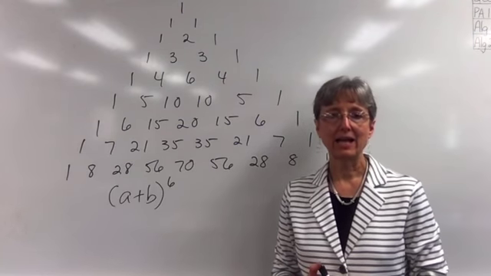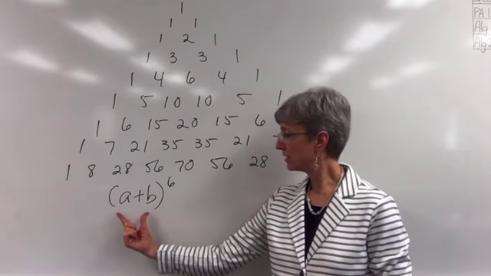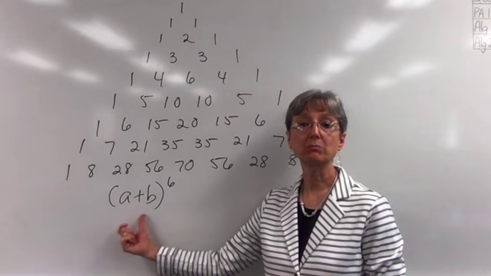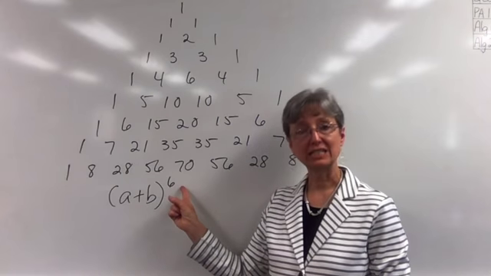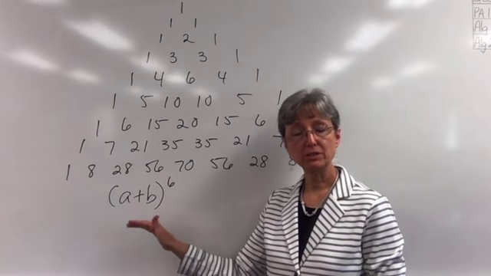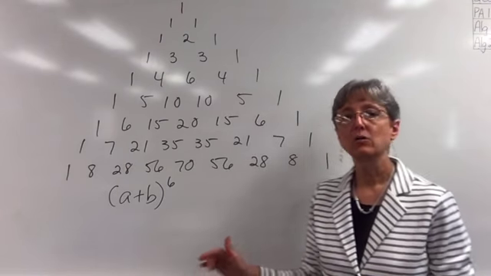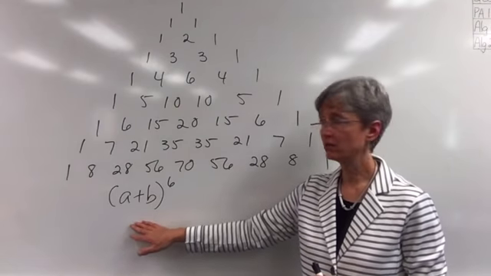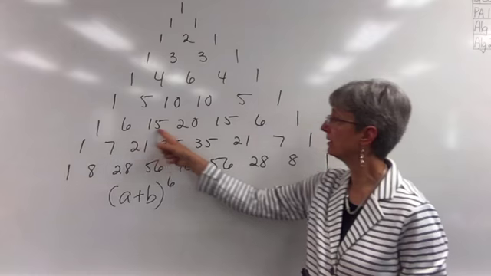Let's say I'm asked to find the binomial expansion of a plus b to the power of 6. So a plus b times a plus b times a plus b, 6 times altogether. What I would start with is the 6th row of Pascal's triangle, or this row right here.